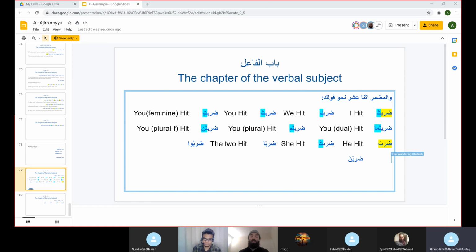And then darabu, it means they hit, meaning they all hit, and this only applies to males. So meaning they hit. This is for males. I'm just going to put an M.